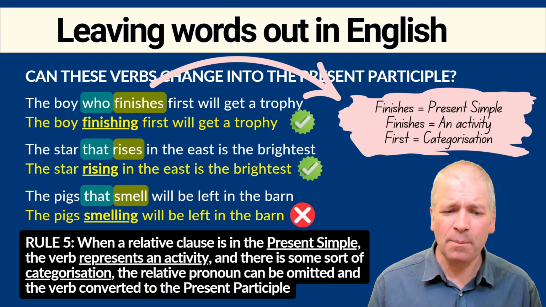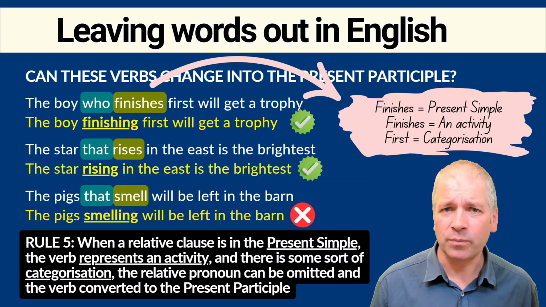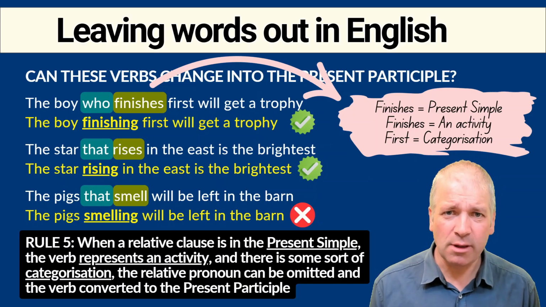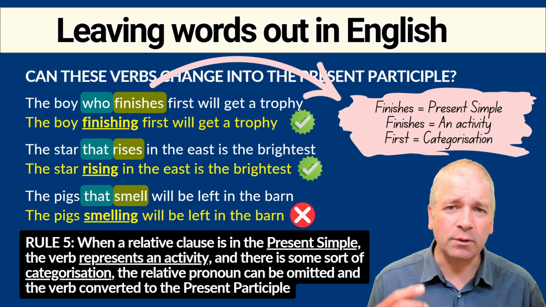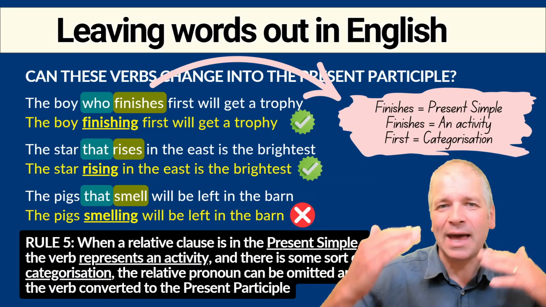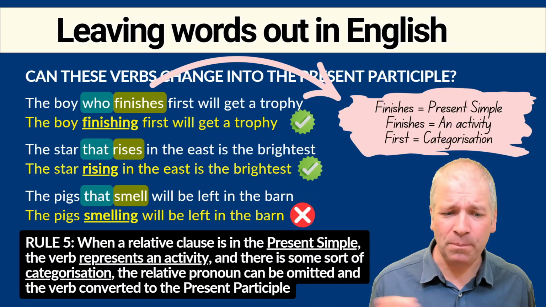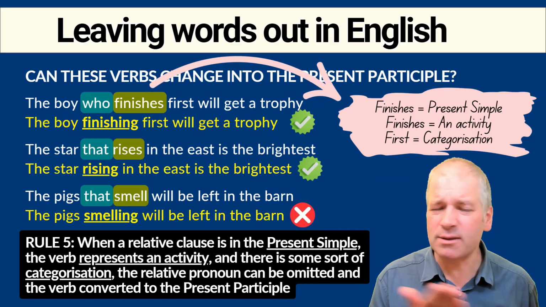But in the last example, we don't have that. The pigs that smell will be left in the barn. Well, smell, in this case, is a state verb. There's no activity involved. The smell simply reaches our noses without us doing anything. And there's no categorisation. The pigs that smell, and there's nothing afterwards.